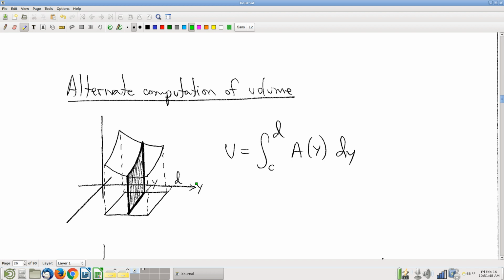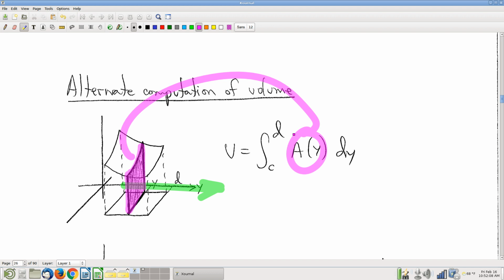Okay. So you can do the same thing here, actually. It's just that they're not rotationally symmetric. And so you could say, look, going in the y direction, that cross-sectional area, now let's pretend that I know what that cross-sectional area is.